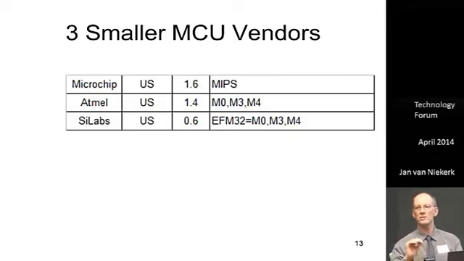It will be very interesting to see in the long run how they fare, because it's a complete exception compared to the other guys. And then, of course, 2 smaller companies, Atmel, 1.4 billion revenue per year. They make a whole slew of ARMs, M0s, M3s, and M4s.